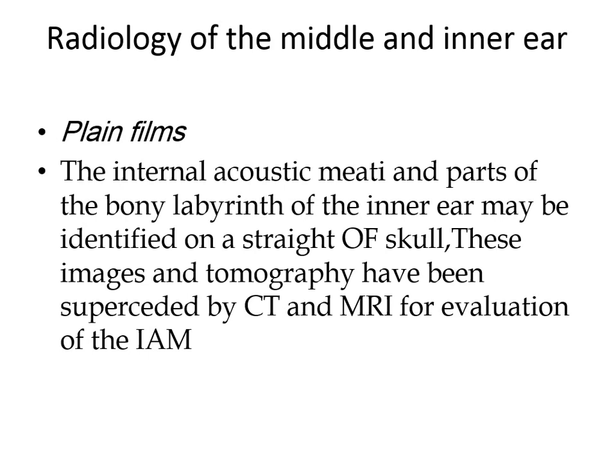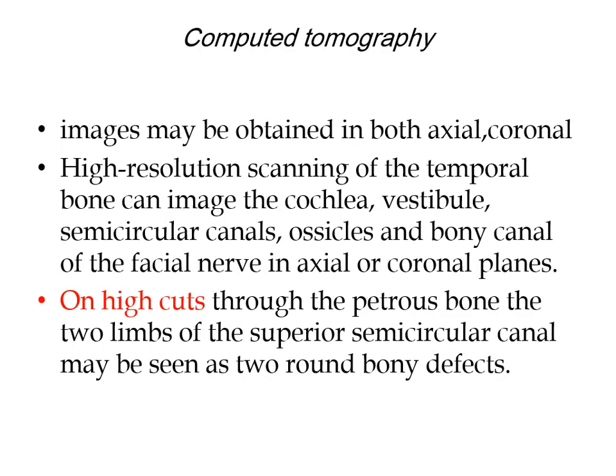The radiology of the middle and inner ear: the plain film has little importance nowadays because it has been superseded by CT and MRI. If you want to see it, a straight occipitofrontal skull X-ray shows it in this view. Computed tomography images may be obtained in both axial and coronal planes.